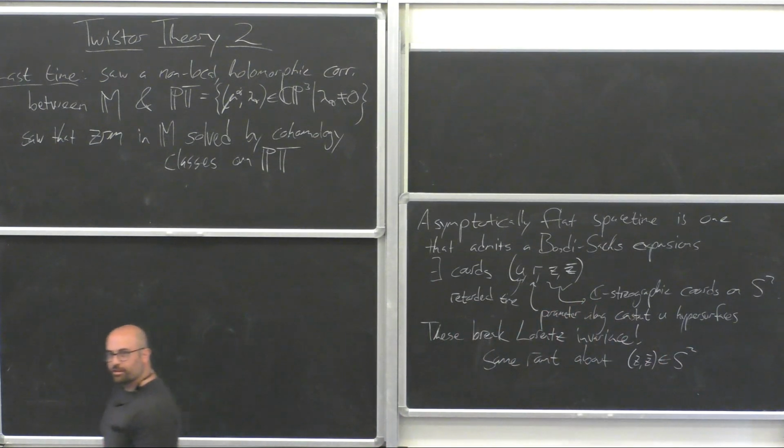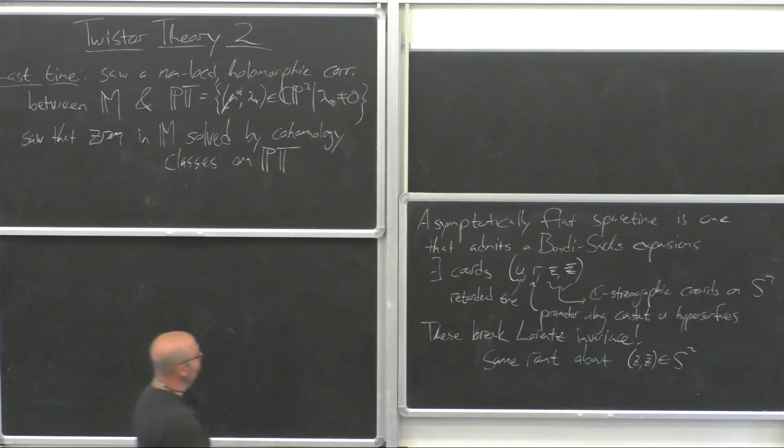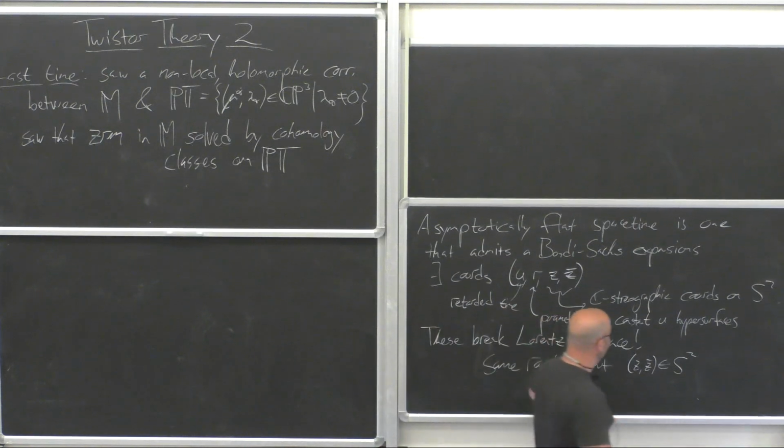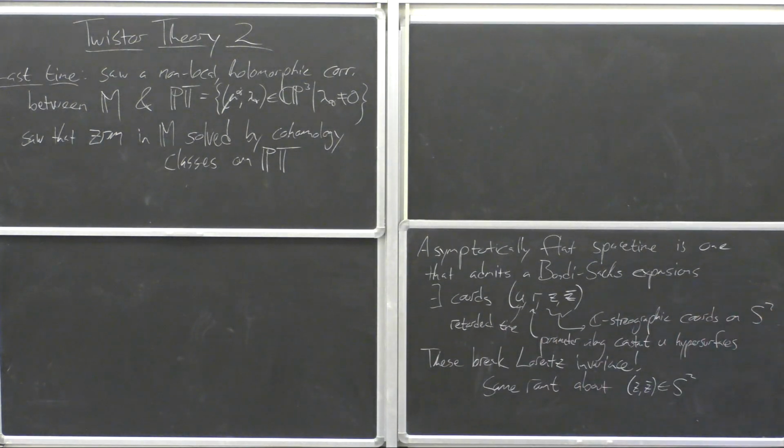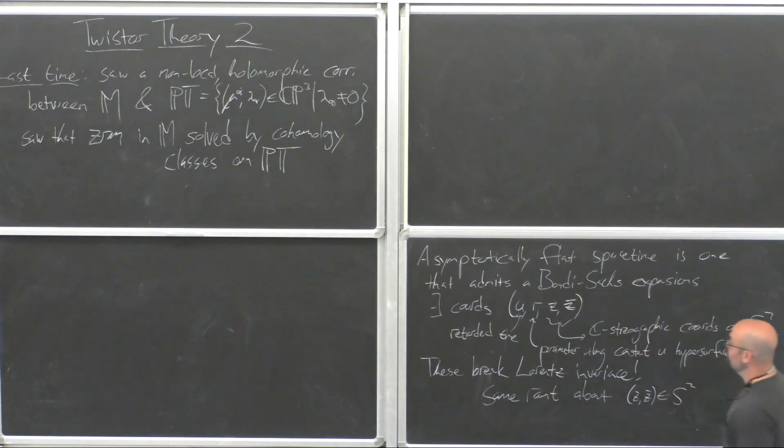So we want to do things as Lorentz invariantly as possible. So the question is, is there some version of these Bondi coordinates that isn't going to break Lorentz invariance, that in some sense will cover all of the S2 and allow us to talk about asymptotically flat spacetimes or the conformal compactification of Minkowski space without breaking manifest Lorentz invariance?